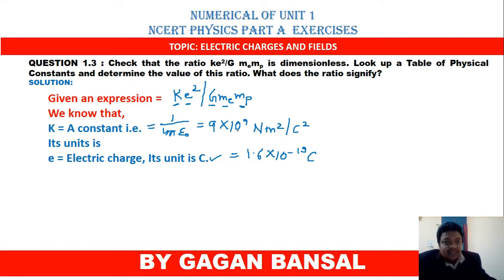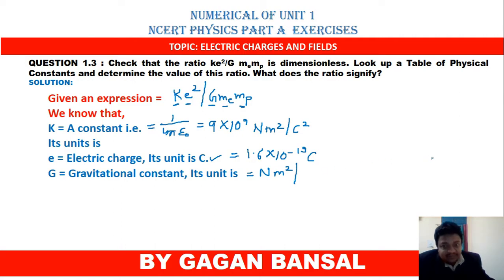Now next is G, the gravitational constant. Its unit is Newton meter square per kg square, and its value is 6.67 into 10 raised to the power minus 11 Newton meter square per kg square.